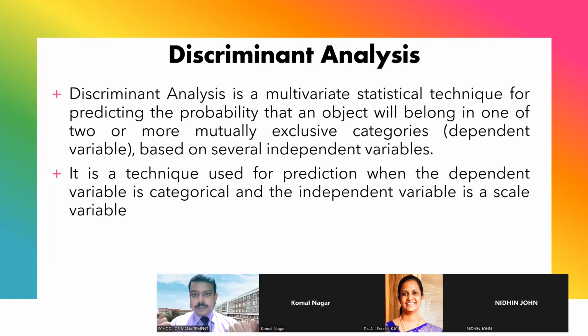Same concept, but here the only difference is the dependent variable is categorical in nature. It will be a nominal variable. In SPSS, the data type will be shown as nominal. The independent variable should be a scale variable, to be precise, on a ratio scale or an interval scale.